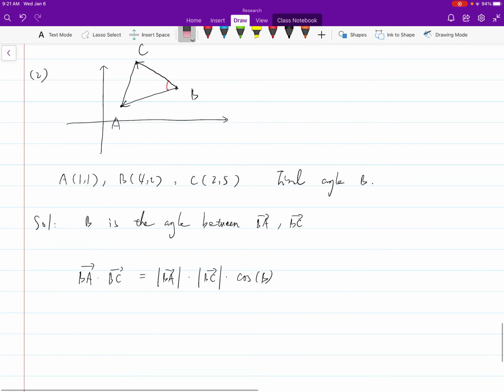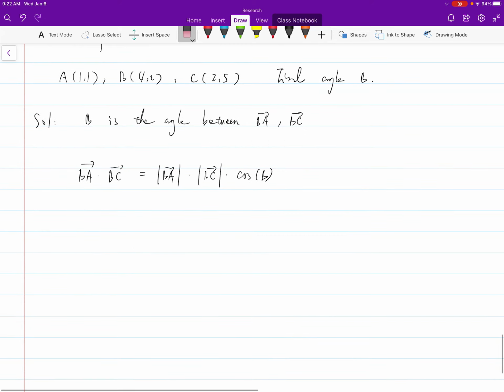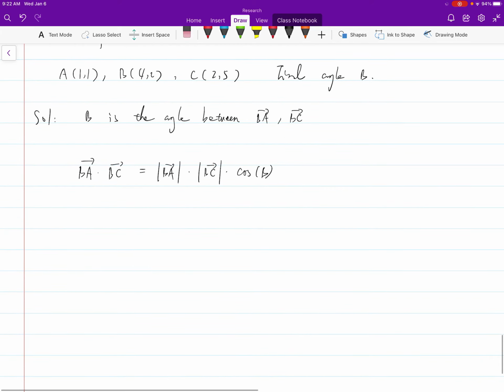Can you find all these things? Well, as long as you can find the vectors BA and BC, then you can calculate the dot product and you can calculate the magnitude. Can you find BA and BC? Piece of cake. BA is the ending minus the starting. So it's (1, 1) minus (4, 2), which is (-3, -1).